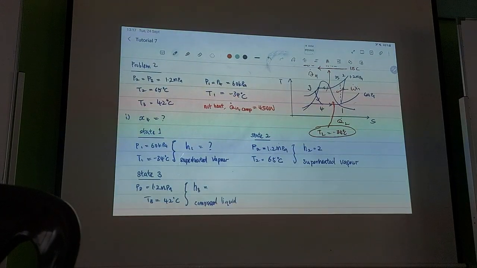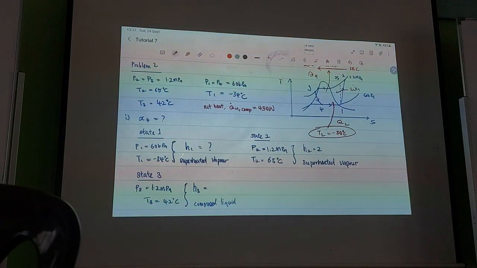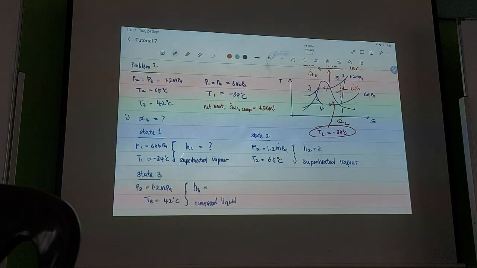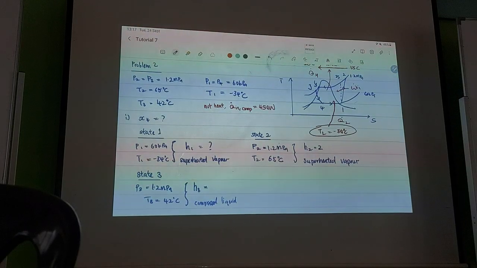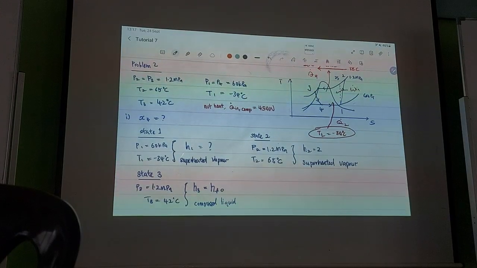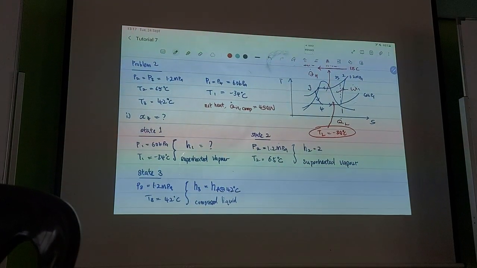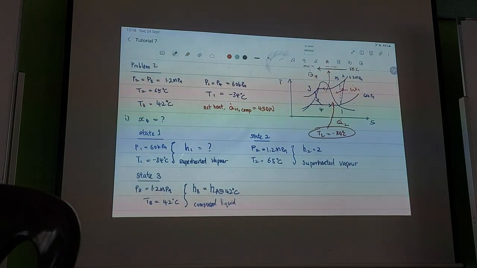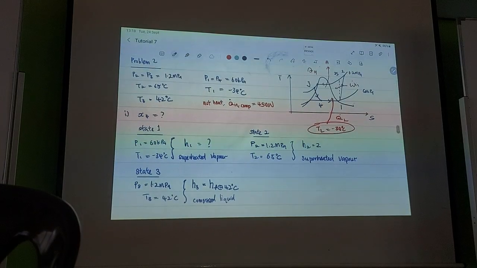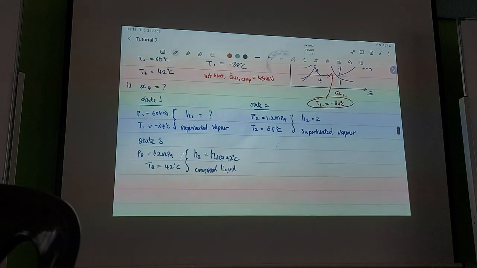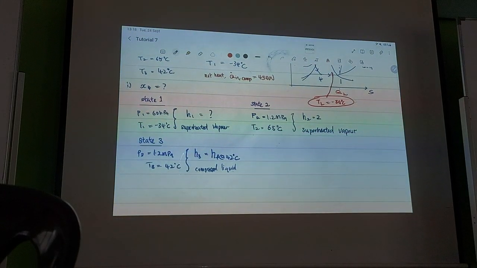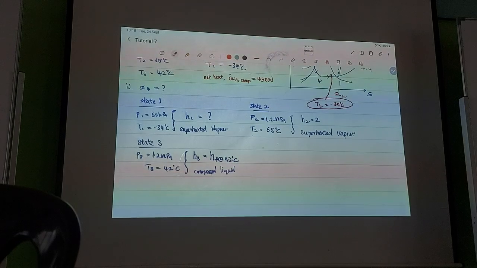Yes, so you apply what value and temperature? Saturated liquid, this one here. So you approximate it to the saturated liquid value at the temperature. Don't use the pressure value, because it is compressed liquid at that stage. Okay, then we are done with state 3.